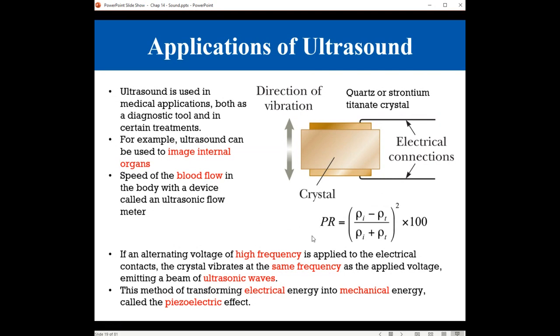The percentage of the reflected portion can be determined from this formula: density of the medium where the wave was incident minus density of the new medium, divided by the summation of the two densities, squared. So any variation in density in the medium can be sensed using ultrasound waves.